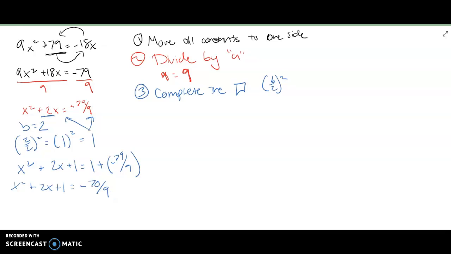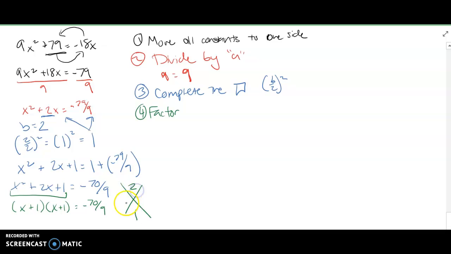Now we have our next step, which is to factor. I'm going to factor this right here. So I have x plus 1 and x plus 1 equals negative 70 over 9. If I do my x, I need something that multiplies to 1 and adds to 2, and 1 would solve that.